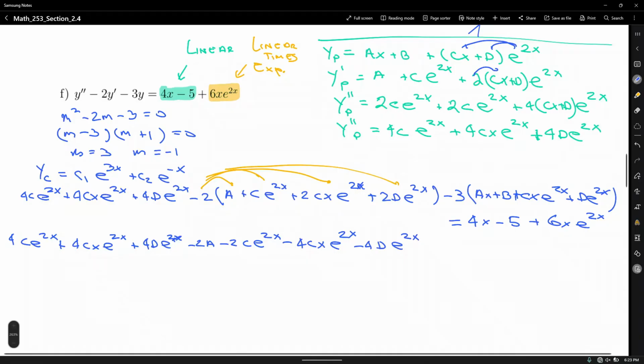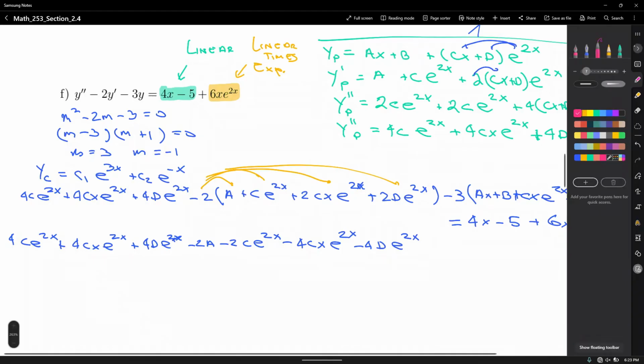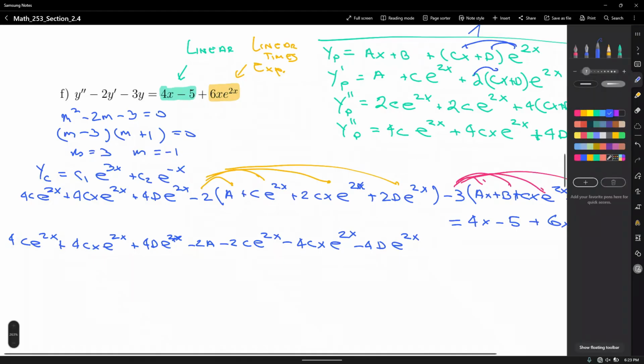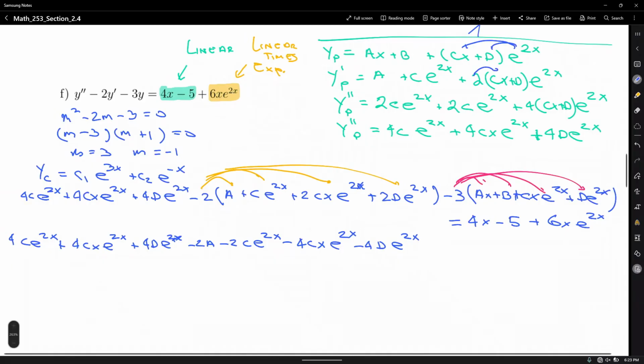Let's do the distribution for the last group, using a different color. Minus 3a, minus 3b, and so on. So negative 3ax minus 3b minus 3cx e to the 2x, and I'm going to continue the line here, plus 3d e to the 2x, equal to 4x minus 5 plus 6x e to the 2x.